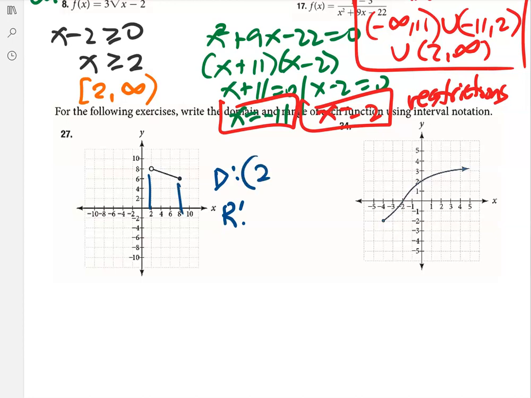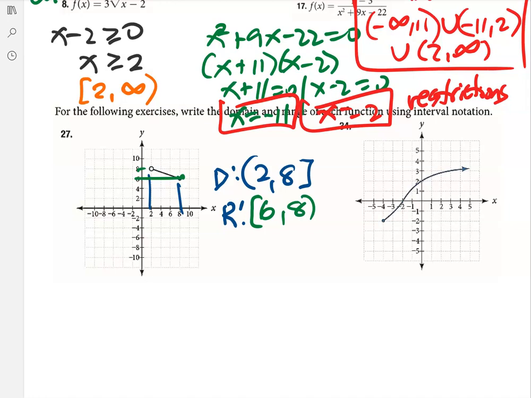Open circle, so a parenthesis, and a bracket at 8 because you have a closed circle. Range, the lowest point, bottom to top, is 6. There's a point here, and 8, and an open circle, so that is a close parenthesis.